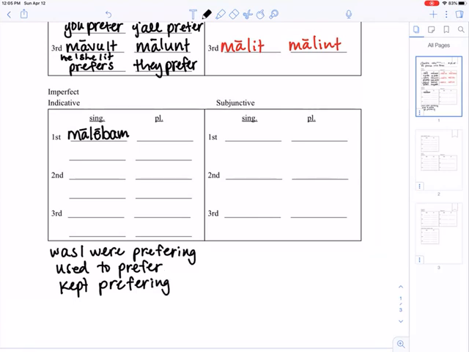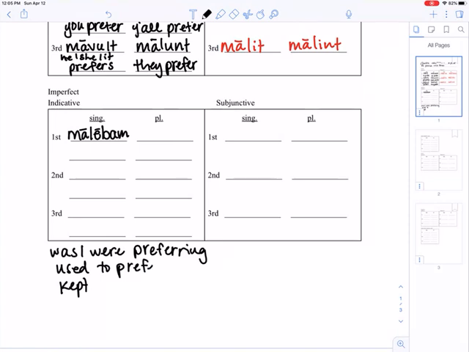I feel like I'm misspelling preferring, so let's look at that. Yep, I misspelled that, so let me fix preferring here. Okay, I'll just fix all of that. Here we go. Was or were preferring.